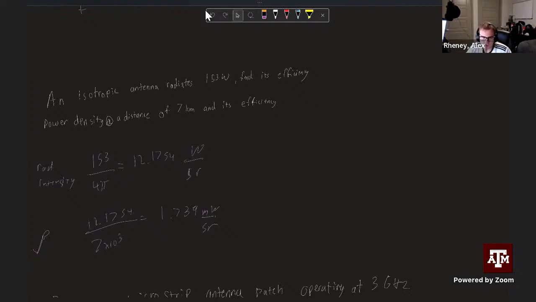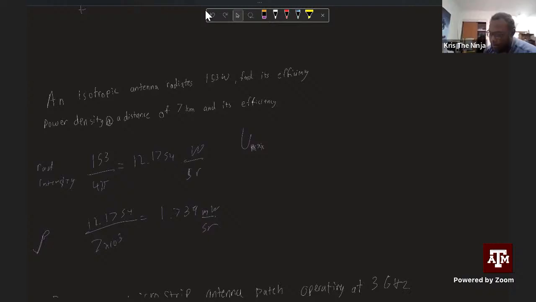The one we just solved for, isn't it just U max? That's what it says on the homework notes for the problem that's like that. So it says 7,000 squared times the power density.